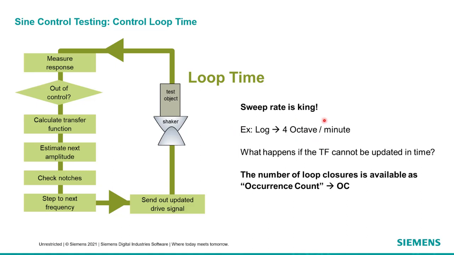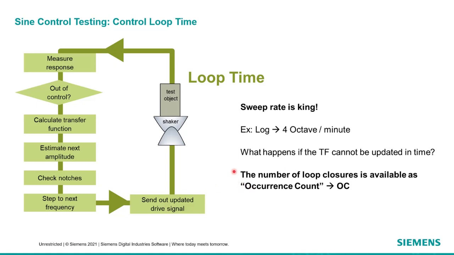So sweep rate is king. If it goes out of control, then it's going to shut down, but it's always going to respect that sweep rate. If it sweeps up too fast and doesn't have time to update the transfer function to calculate those next drive signals, it just uses the transfer function from the previous frequency update or transfer function update.